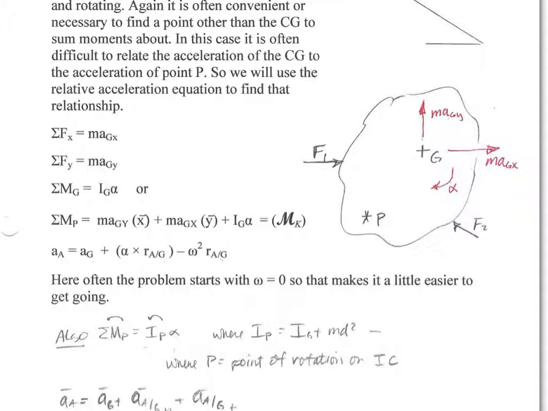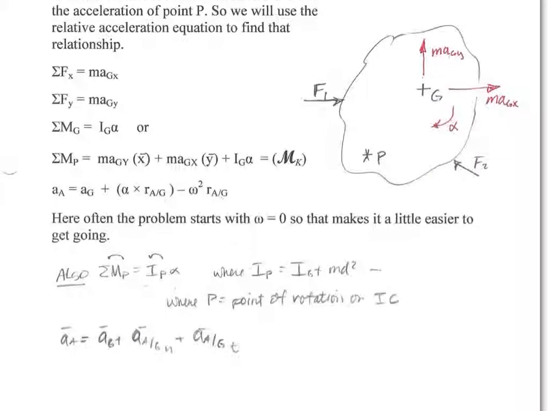So we'll talk more about why and when you use this when we come to rolling things, but all I want to suggest is this is another valid form of this equation if P isn't moving, or if it's an instantaneous center, which again by definition is not moving.